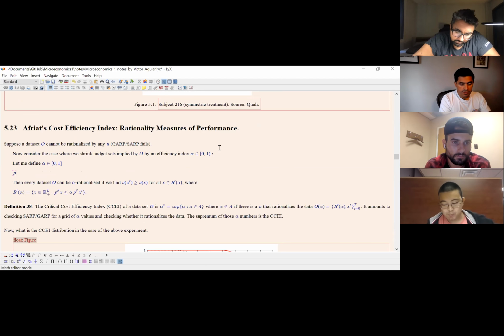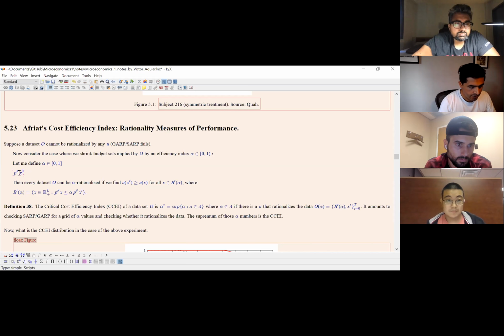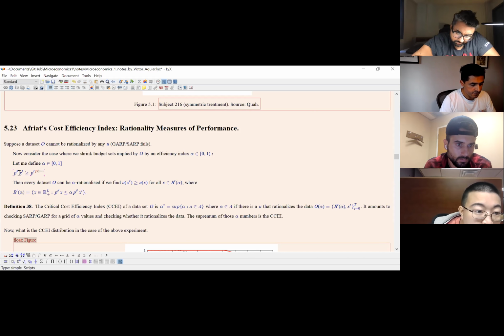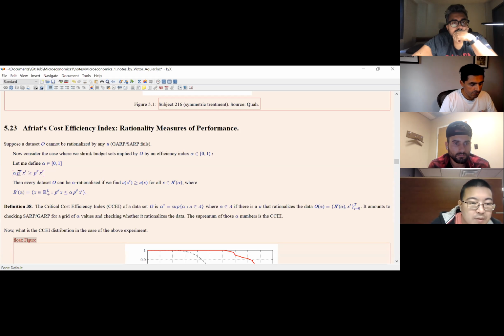And now I have the following: Pt multiplied as usual by xt is greater than Pt prime xs, and here I'm going to add this alpha value.